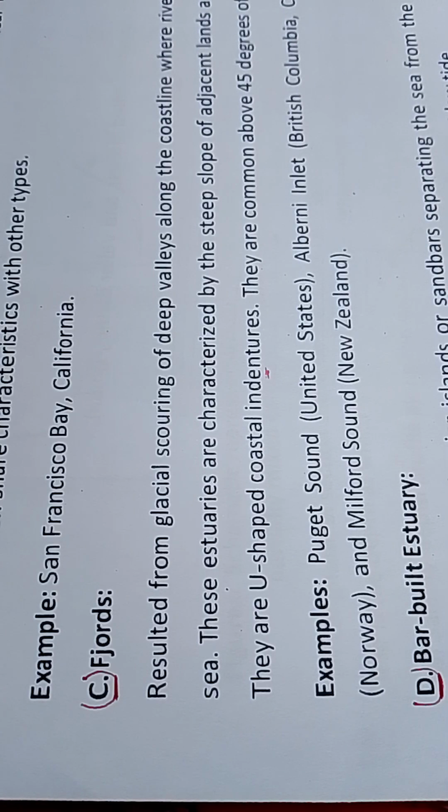They are U-shaped coastal indentations. They are common above 45 degrees of latitude. Example: Puget Sound, United States; Alberni Inlet, British Columbia, Canada; Sognefjord, Norway; and Milford Sound, New Zealand.